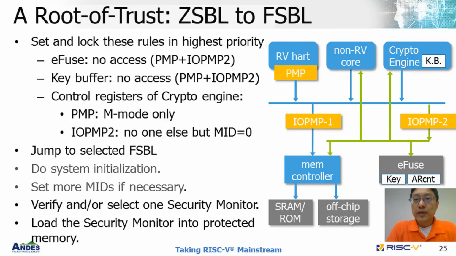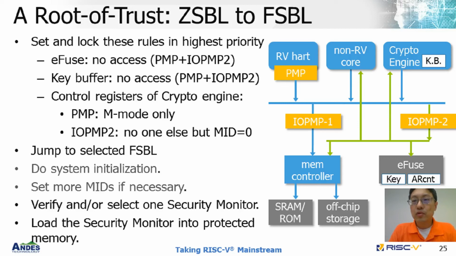So far, ZSBL has already finished accessing the eFuse. So from now on, the eFuse region should be denied all access until the next boot. In PMP and IOPMP2, the rules to deny should be in the highest priority and with a sticky lock.